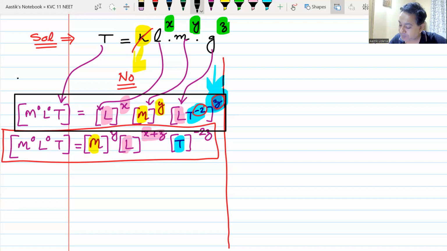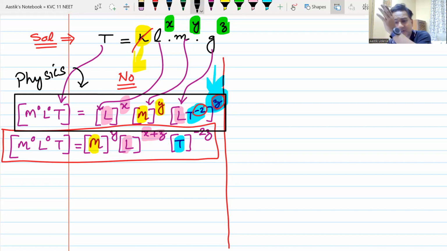Physics is only in the first step, and the only thing physics is doing is telling us the dimension of t, the dimension of length, the dimension of m, and the dimension of g. That's all physics has to do. The rest has to be done by maths.